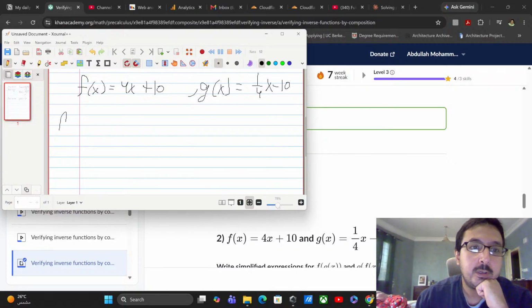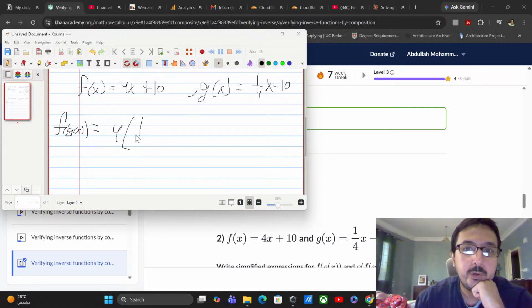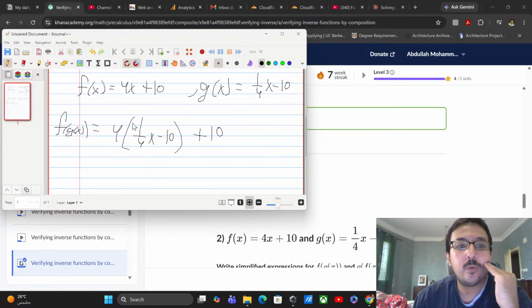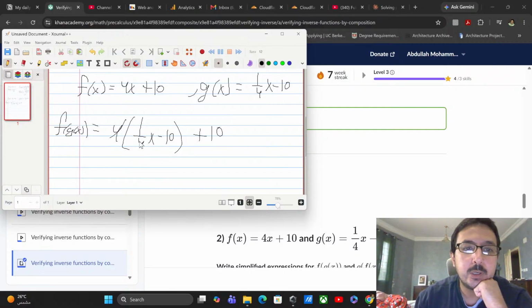So I got f of g of x equals 4 times 1/4 x minus 10, plus 10. So as I said, this will go with this, I'm left with 1x, and this will go with this, I'm left with x.